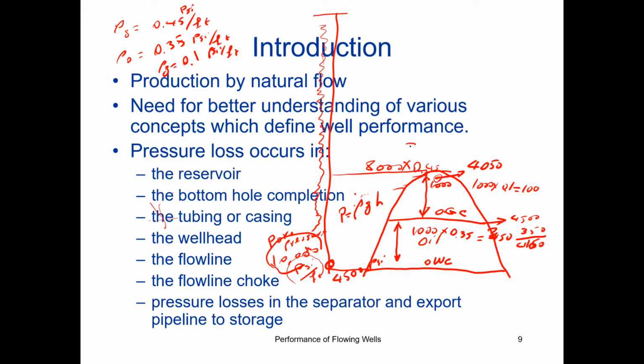Pressure outside the reservoir is 3,600. So pressure inside the reservoir is 4,050. Pressure outside the reservoir is 3,600. Now, if you do not protect, you will have a blowout, because pressure inside the reservoir is higher than pressure outside the reservoir.